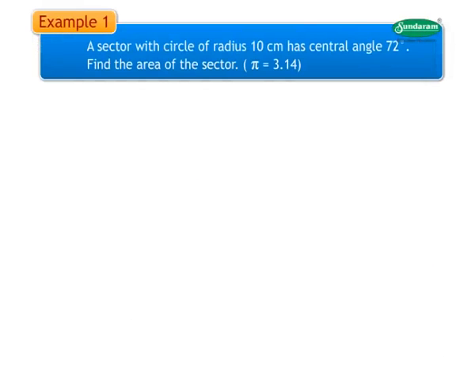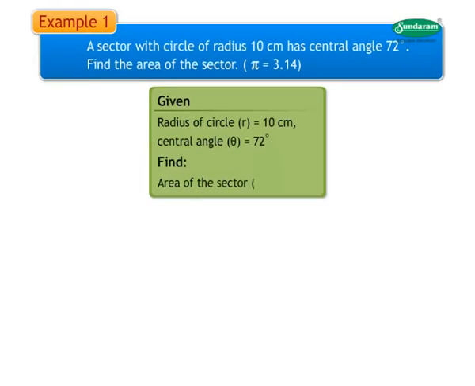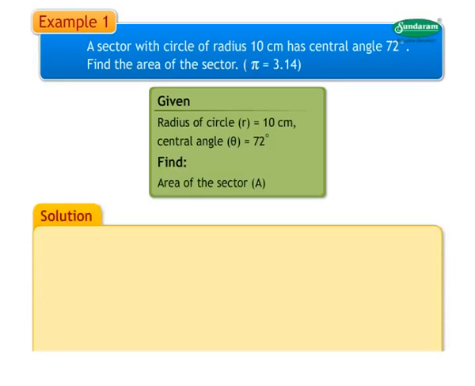Example 1. A sector of a circle of radius 10 centimeters has central angle 72 degrees. Find the area of the sector. Pi is equal to 3.14. Given radius of circle r is equal to 10 centimeters. Central angle theta is equal to 72 degrees. To find area of the sector A. Solution.